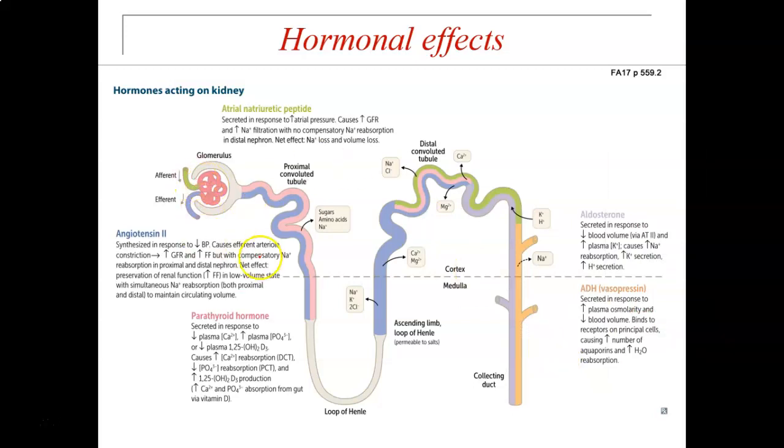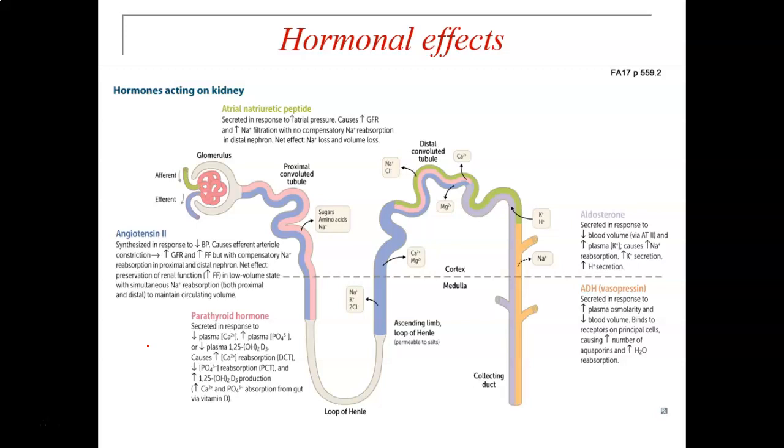Parathyroid hormone. We talked about this previously. Endocrine system in a little bit now. Secreted in response to decreased calcium levels. Remember, parathyroid hormone functions to increase calcium levels. If our blood calcium levels are low, or if they're lowering, we're going to have secretion of parathyroid hormone.